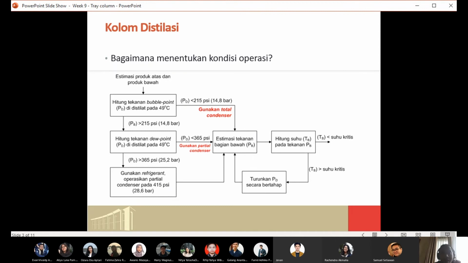So we have to avoid that. Remember that the fluid coming to the reboiler should be liquid. So to make it liquid, the pressure at the bottom side of the column should be lower than the critical pressure.